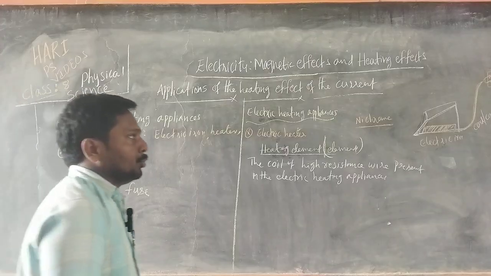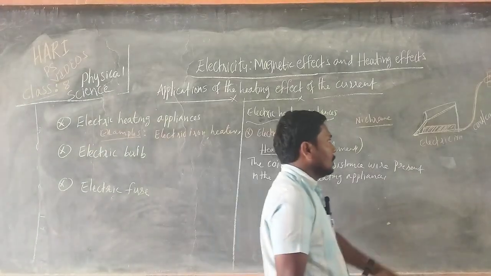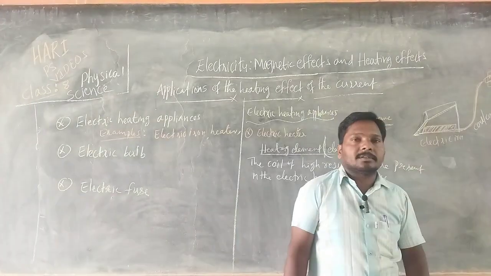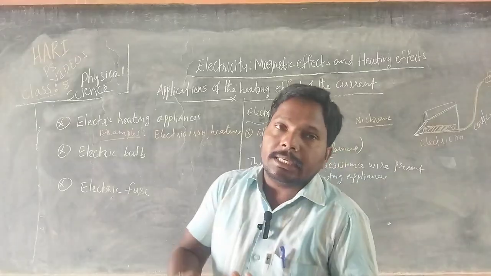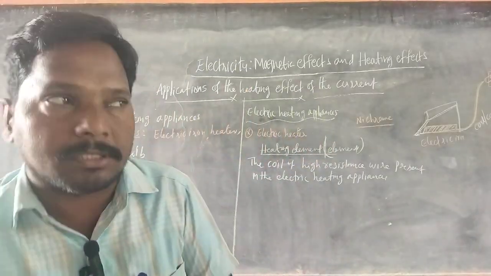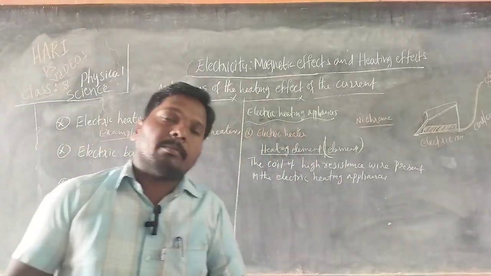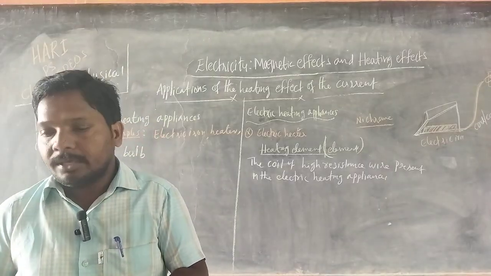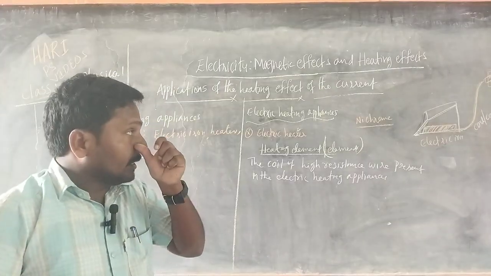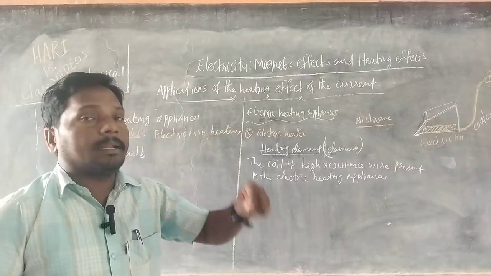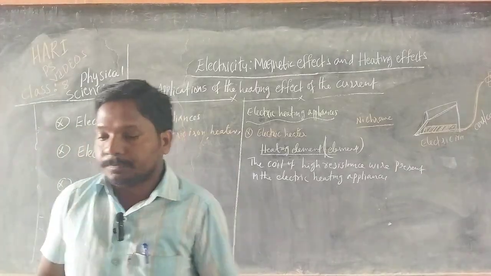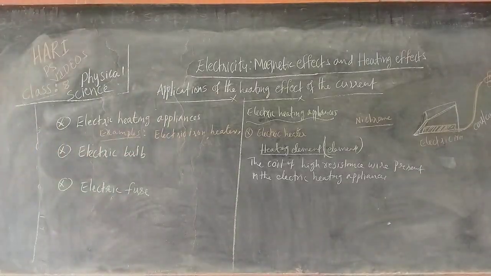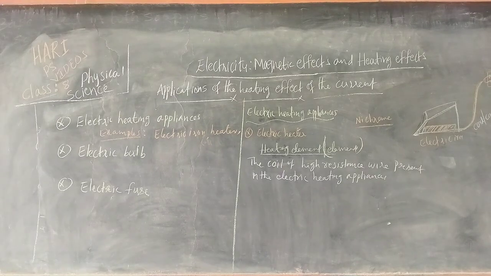So due to the passing of electric current, heat is produced due to the heating effect of electric current. Then the heating element becomes red hot and produces heat energy. So in this case, electrical energy is converted into heat energy. A lot of heat is produced.